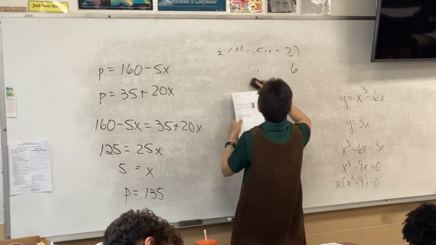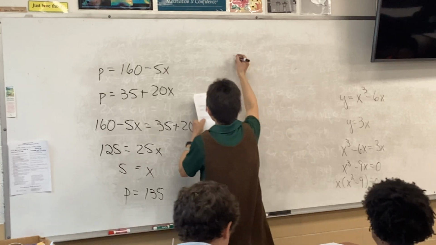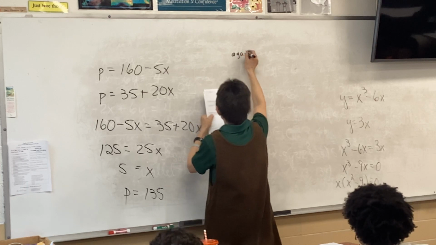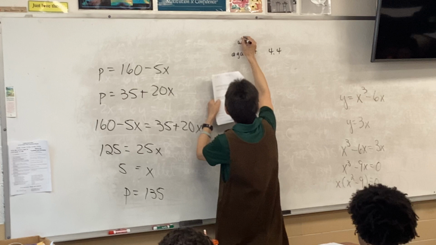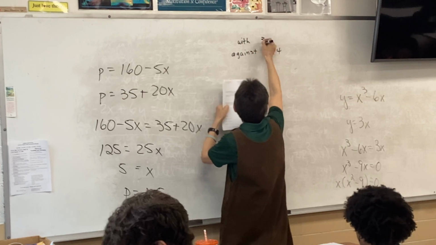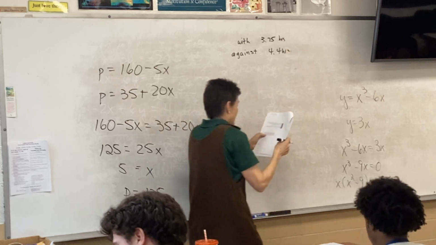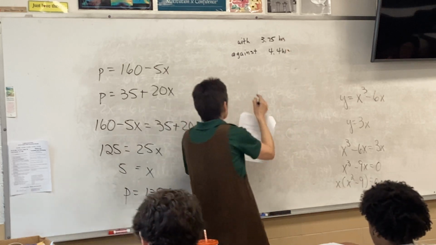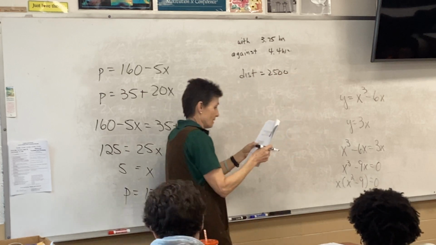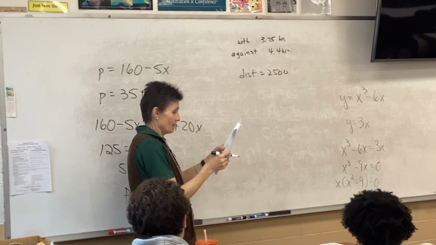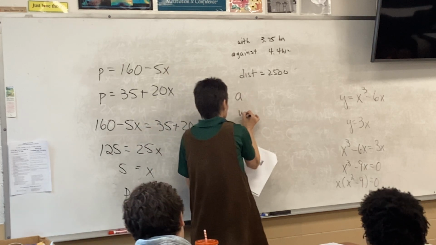Against the wind, 4.4 hours. Distance is 2,500. And I gotta find the airplane speed and the wind speed.